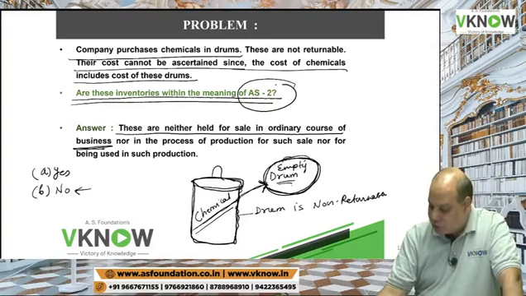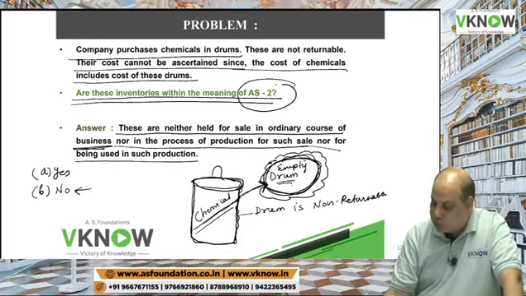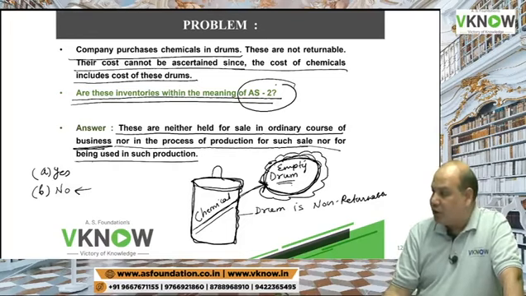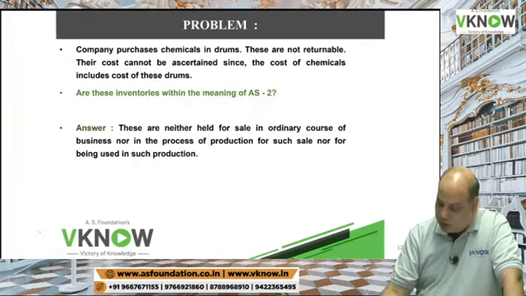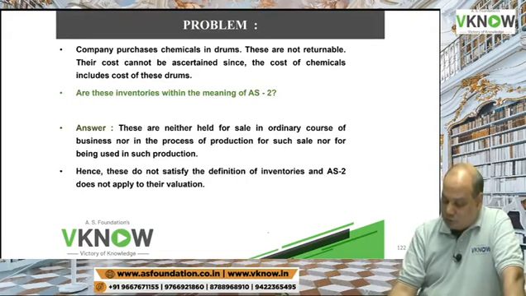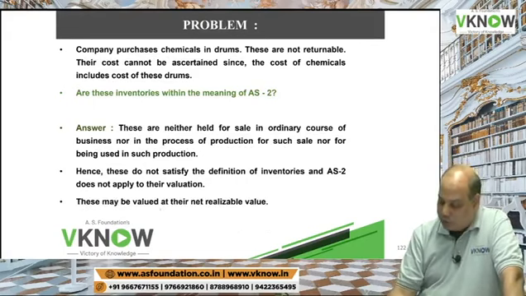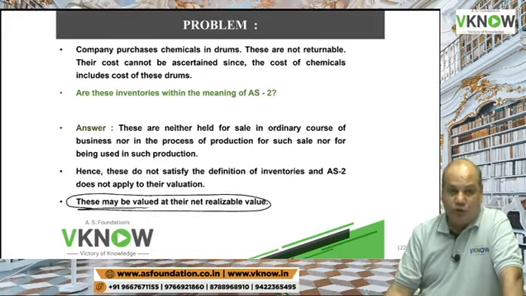Our business is not to sell empty drums, nor in the process of production for such sale, and these are not required for process of production also. Then really speaking, they do not meet the definition of inventory as per Ind AS 2, but they have got some value. So if they have got some value, they will be valued at NRV on the balance sheet date.